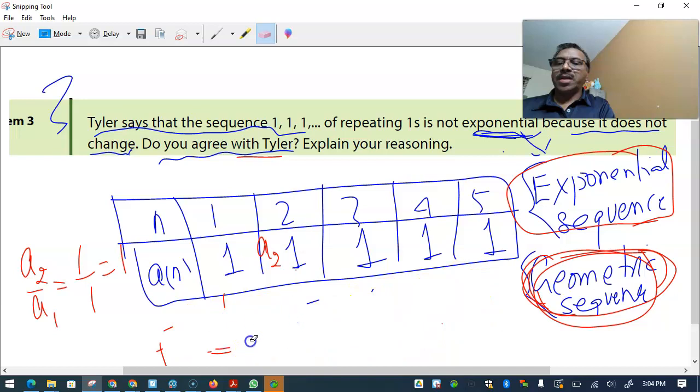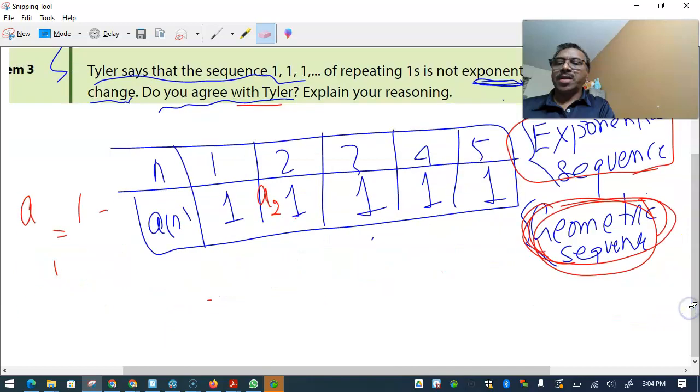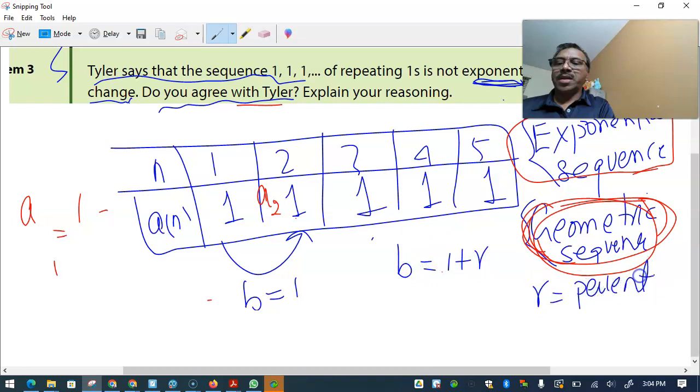When do we say that it is going to be exponential? Exponential basically means there has to be some percent increase or decrease. Let's say this one is b equals 1. When we talk about exponential, it means b has to be equal to 1 plus r, where r stands for the percent increase or decrease.